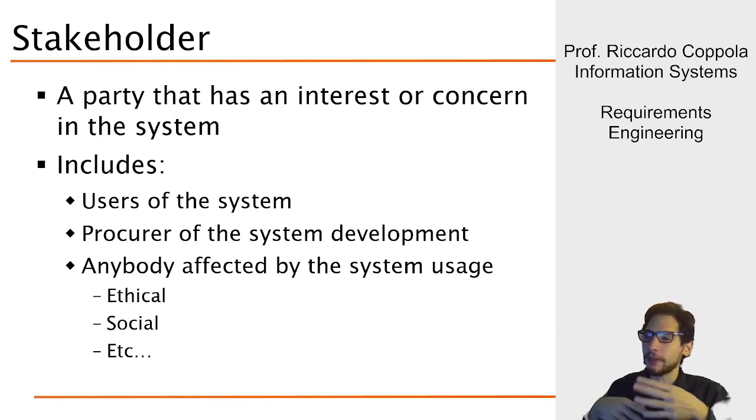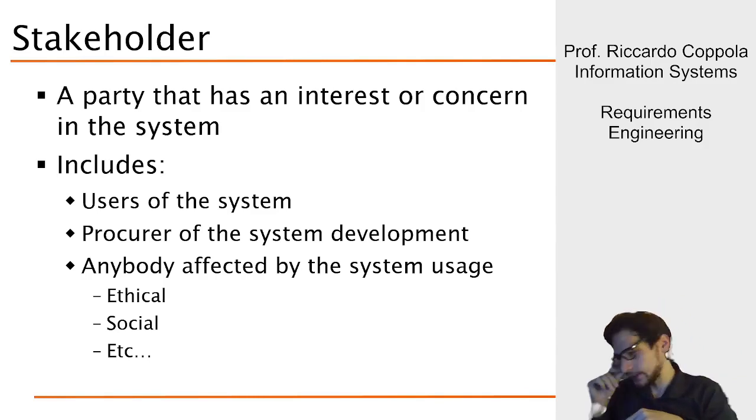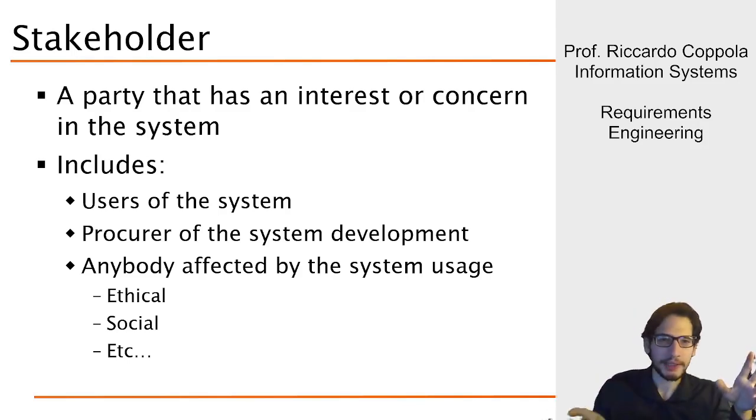For instance, if you think of a video surveillance system, the user will be, for instance, the operator who collects the data, the guy that goes to the web application to look at all the videos. The committant will maybe be the bank which commissioned the video surveillance system. But there are people that are influenced by this system that are neither the user nor the committant.